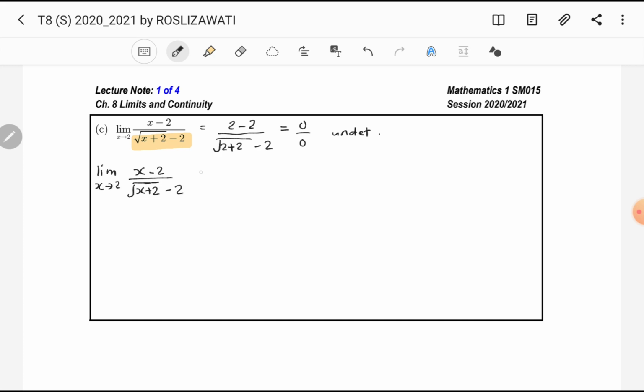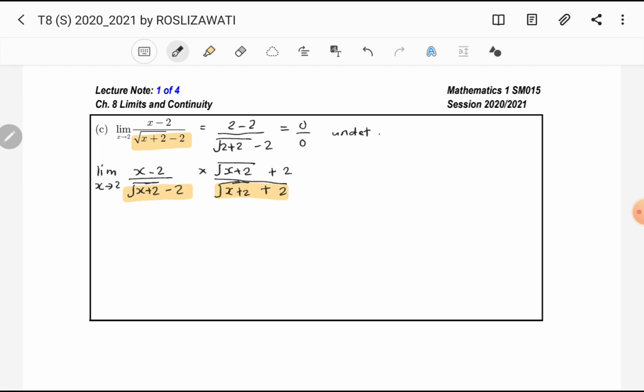Okay, yang ni kan. So, kita akan darab dengan conjugate of the root, which is root x plus 2 plus 2 over root x plus 2 and then plus 2. Okay. Kalau awak perasan, mana yang kita akan expand? Conjugate each other, which is yang bawah.